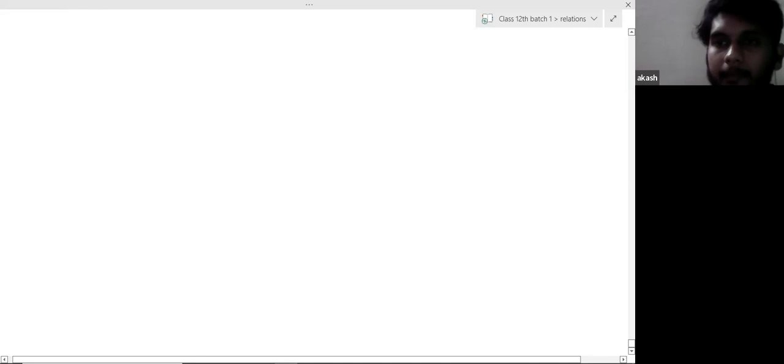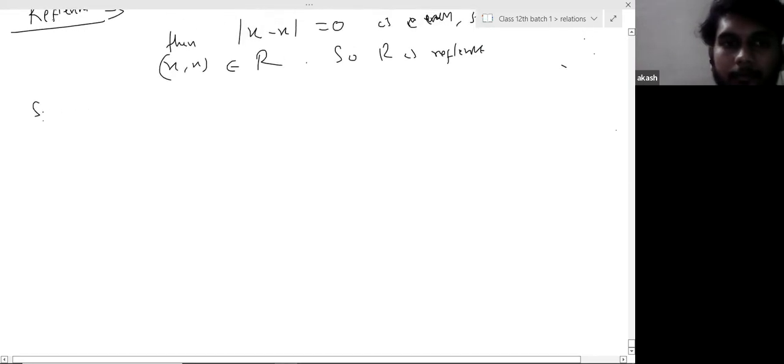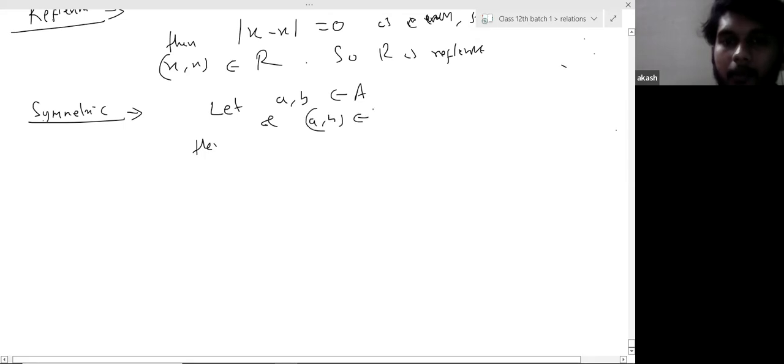Same with symmetric. Let (a, b) belong to A, and (a, b) belongs to R. Then a minus b must be even.